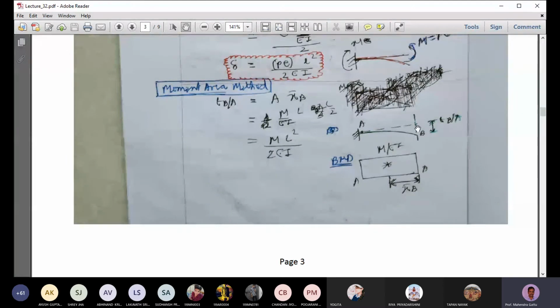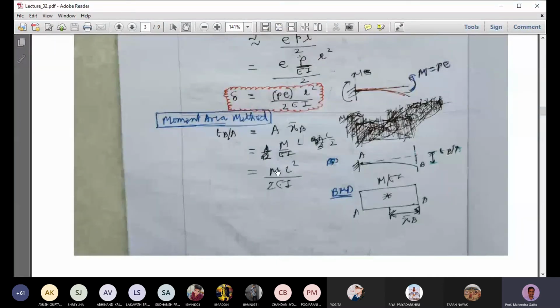So this distance, the deflection delta B, is equal to the vertical distance of B with respect to the tangent drawn at A. So it will be t B by A. So we want to calculate what is this t B by A. So we apply the second moment area theorem. Total area under the bending moment diagram is M by EI into L, and x B, that is the distance of the centroid with respect to the vertical line, is L by 2. So we get M L square by 2EI.